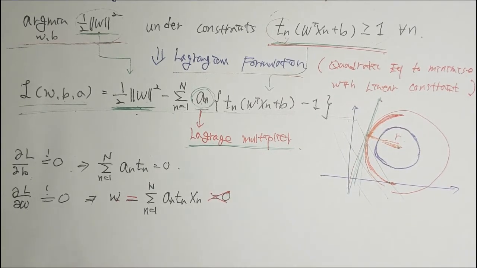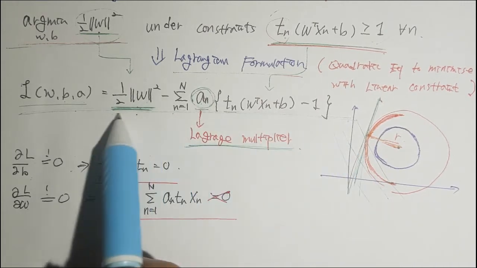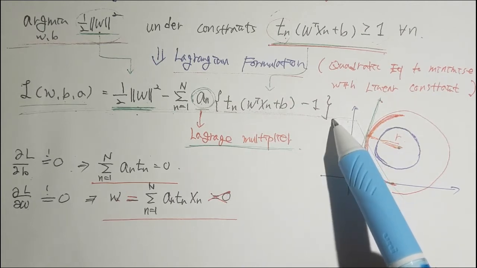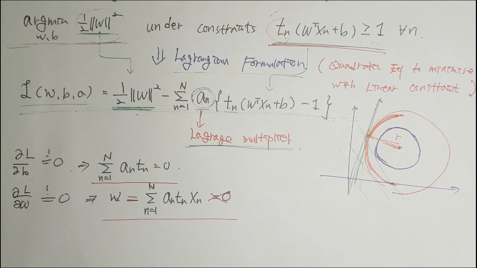See? So if this condition and this condition meet, then it can be the optimal point for this situation. Okay? Because it is the definition of Lagrange multiplier. But here's one problem.